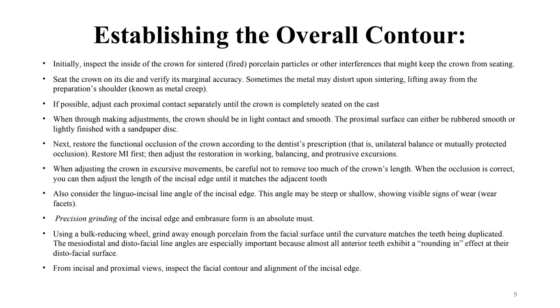We need that space for cleaning, for the proximal pressure, but if we make it too big, we're going to have that black triangle, and the tooth is going to look funny, right? So it's that golden ratio that we always have to keep in mind, especially for anterior cases.